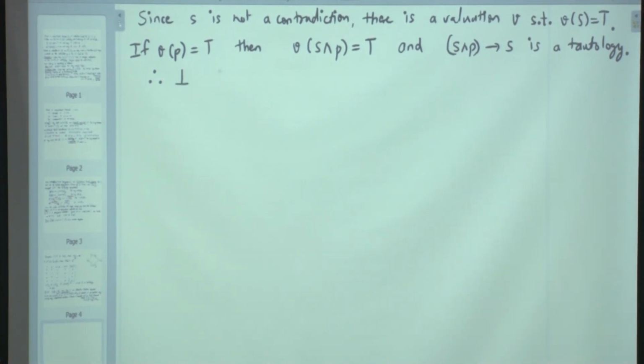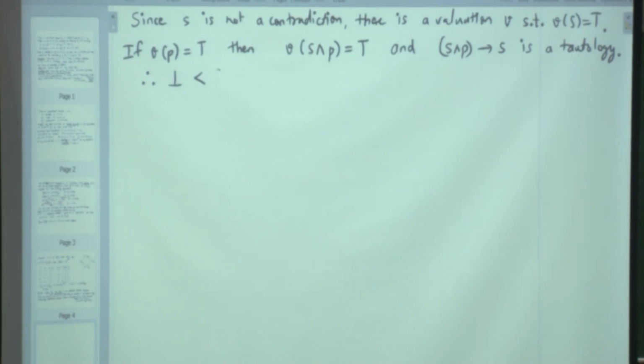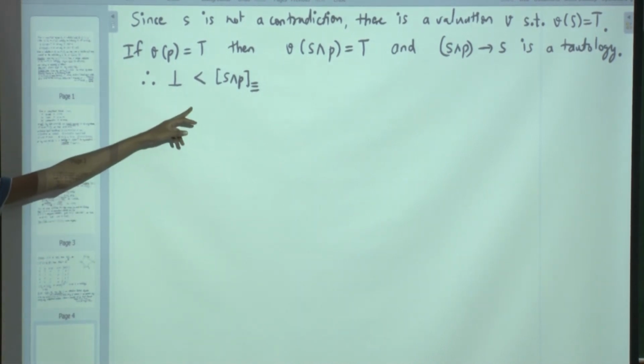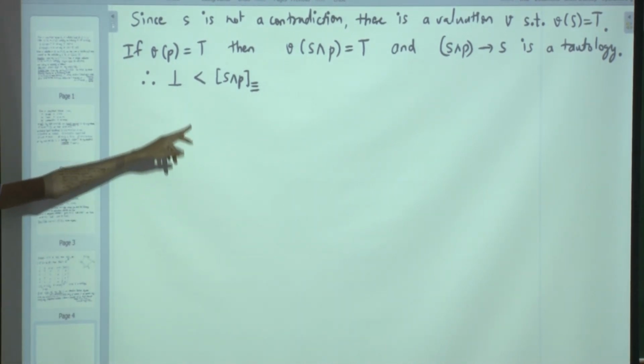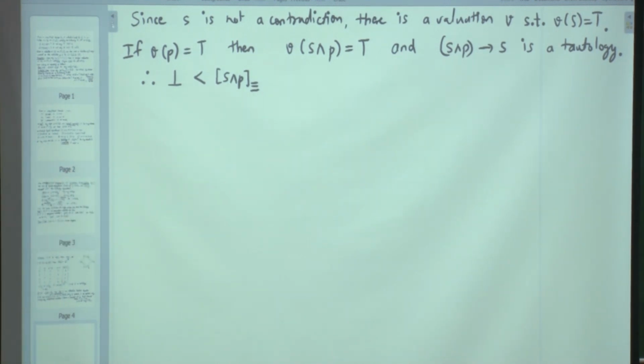bottom false is less than the class of S conjunction P. Why is it strictly less than? Because there is a valuation V which makes this true, and this is strictly less than the class of S. Why is that strictly less than and not logically equivalent?